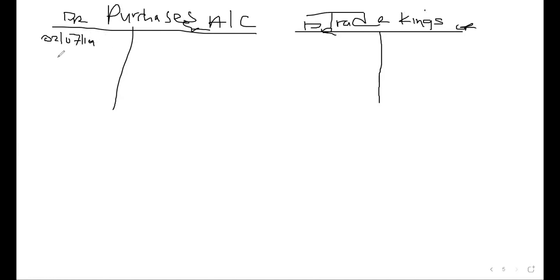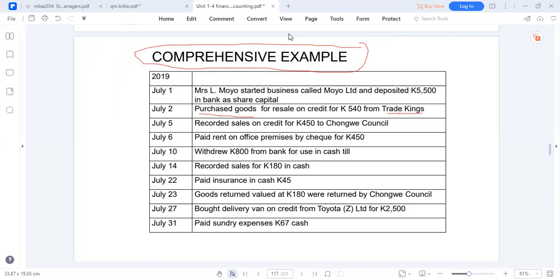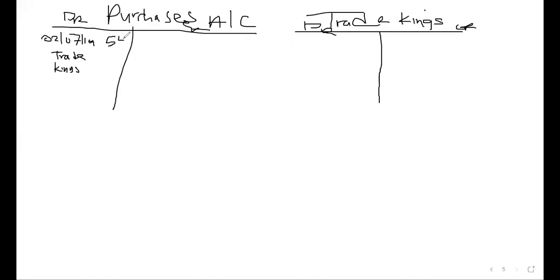Then you have this one, we have the Trade Kings. So these purchases came from Trade Kings. How much was it? It was 540. So you put the 540 there. Then here you will say on the same date, you record the date.